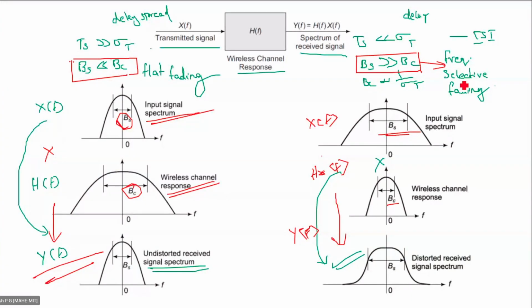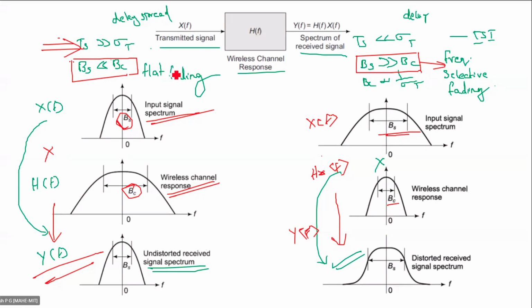And I have already mentioned that we can also say this in the time domain, that is, using delay spread. If Ts, the symbol time, is greater than sigma t, the delay spread, then we have flat fading.